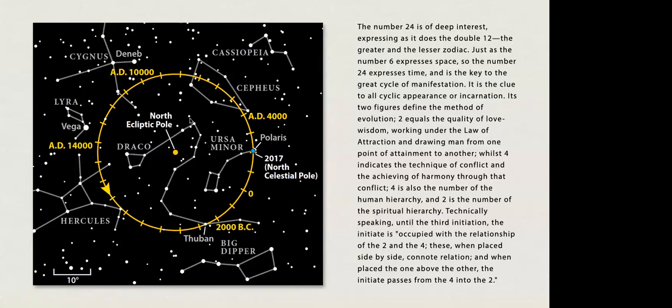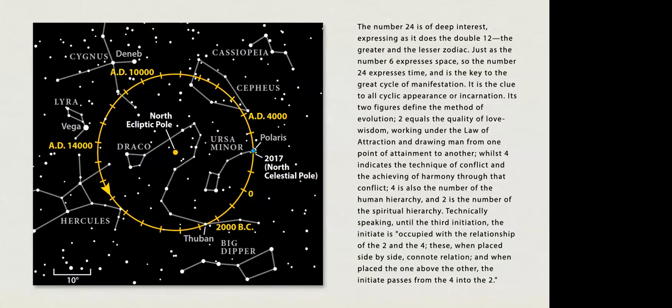Okay. The number 24 is of deep interest, expressing as it does the double 12, the greater and the lesser zodiac. Just as the number 6 expresses space, so the number 24 expresses time and is the key to the great cycle of manifestation.